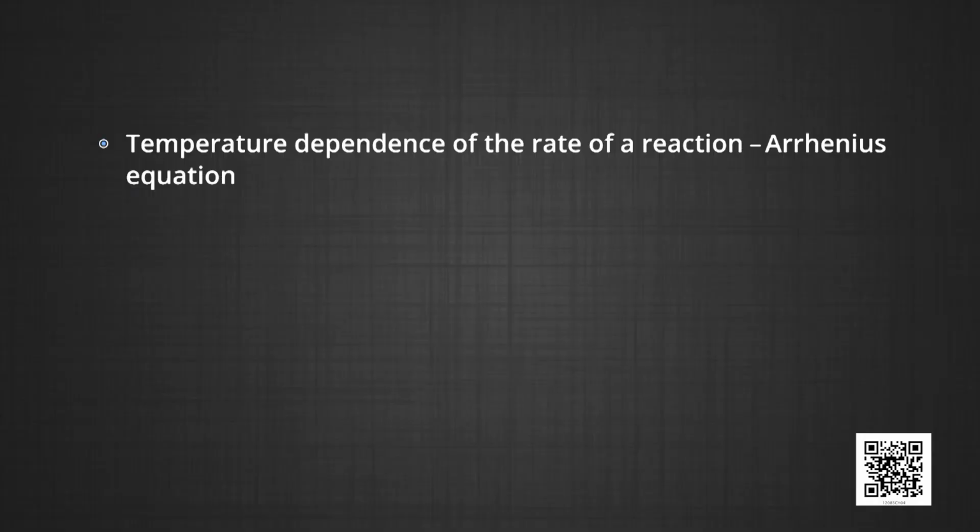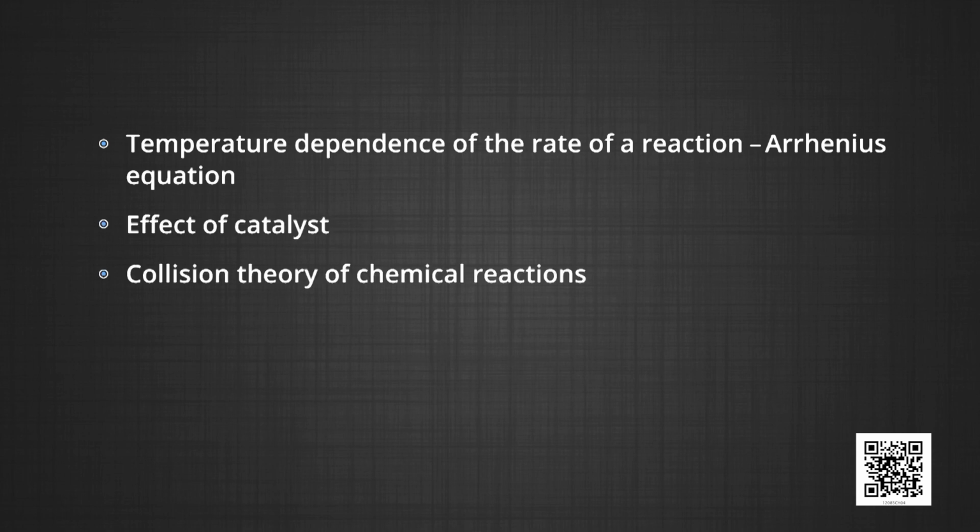Today we will study the temperature dependence of the rate of a reaction, that is the Arrhenius equation. And we will study the effect of catalyst and the collision theory of chemical reactions. So let's discuss each. The first one is the temperature dependence of the rate of a reaction.